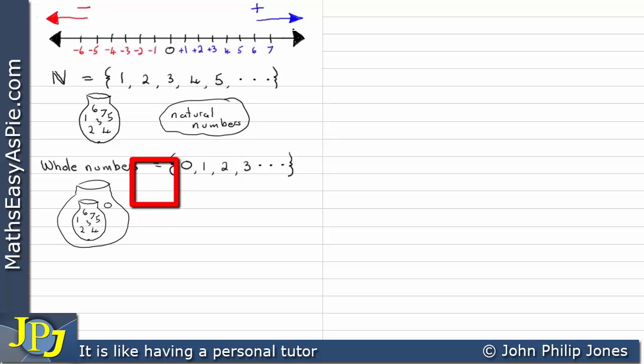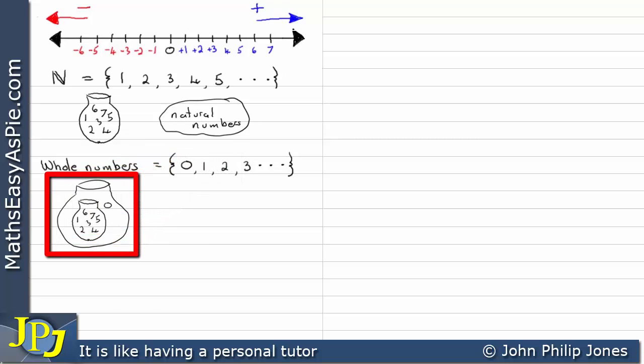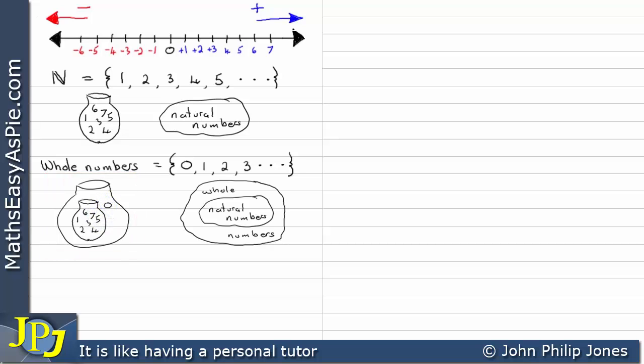And that's been represented here by having this outer bag contain the bag that has all the natural numbers together with the additional 0. Of course, we can also represent this by these areas, where here we have the area that represents the natural numbers, and then the outer area, which contains the area of the natural numbers, is the entire area for the whole numbers.